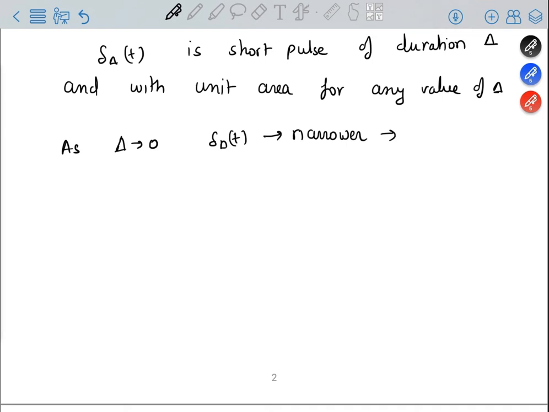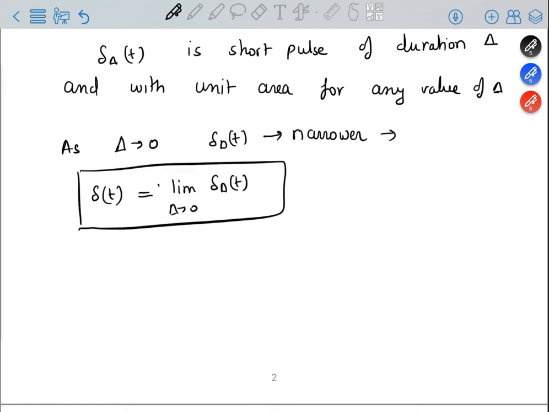So in its limiting form, if we put the limit delta tending to 0, it will be equivalent to your unit impulse signal. The unit impulse signal is defined as the limit of delta tending to 0 of the approximate unit impulse signal, denoted by delta_delta(t), and it has a unit area for any value of delta.